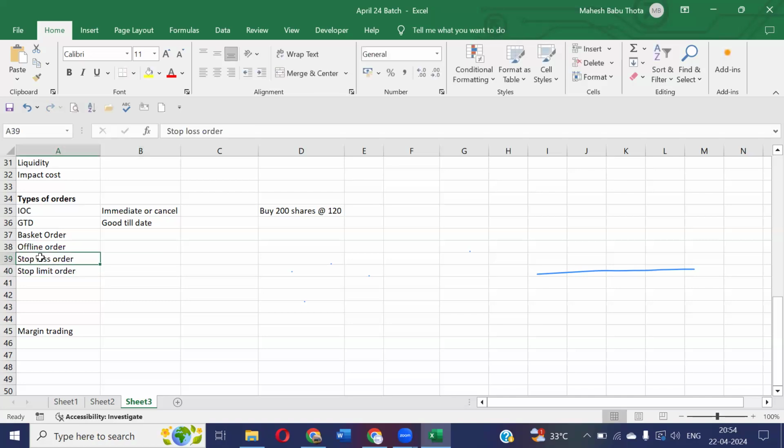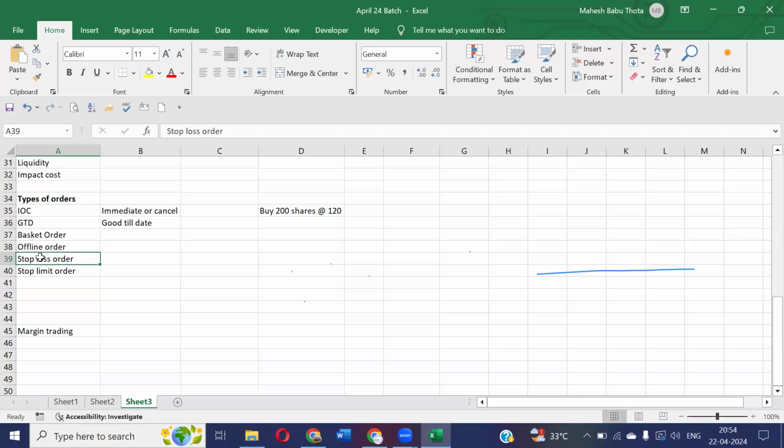Anyone? Stop loss order. So what is a stop loss order? We sell the share, buy the share. Suppose we put some stop loss. If it triggers, the loss will be reduced. Suppose I buy the HDFC share at 1550, I'll put 1540 as a stop loss.